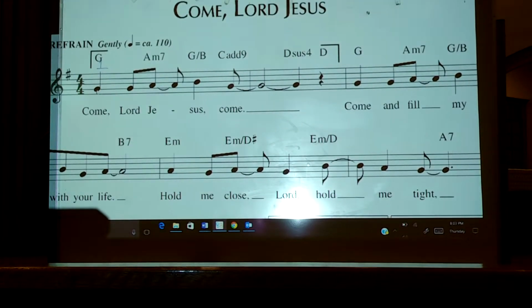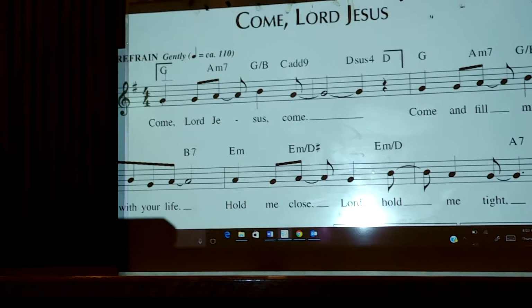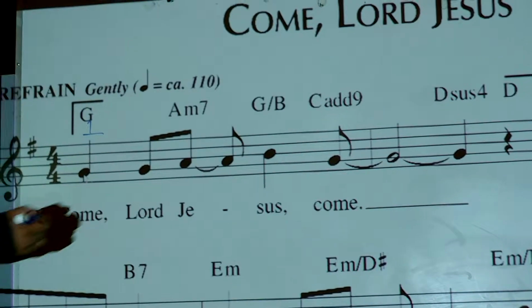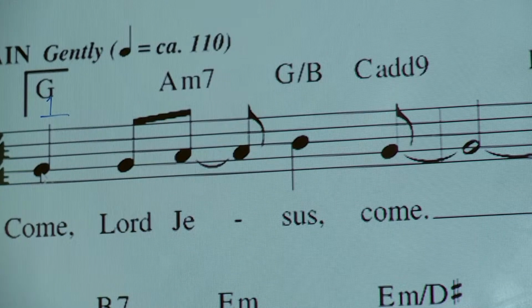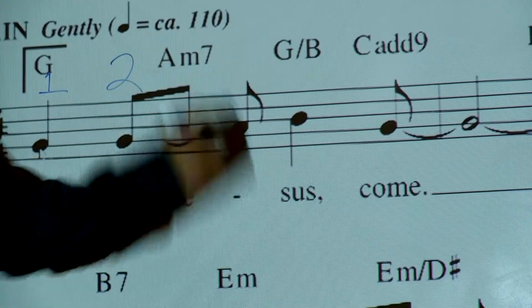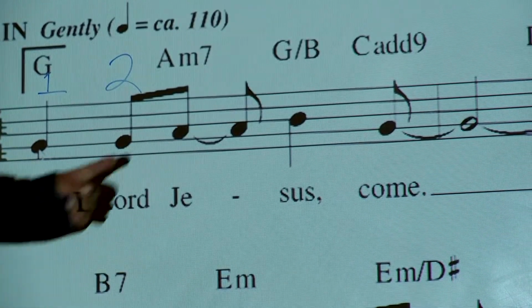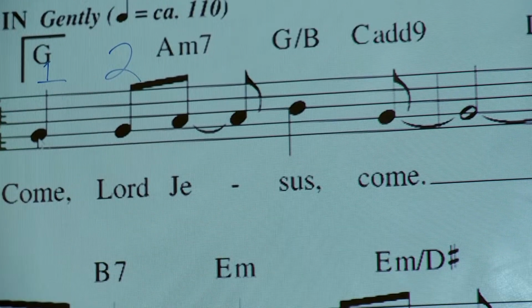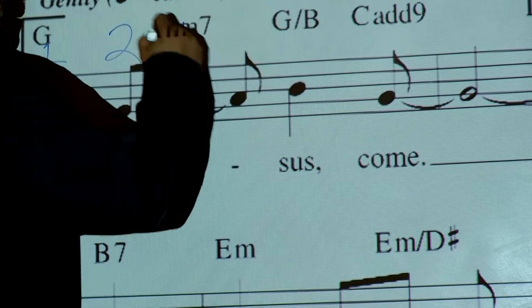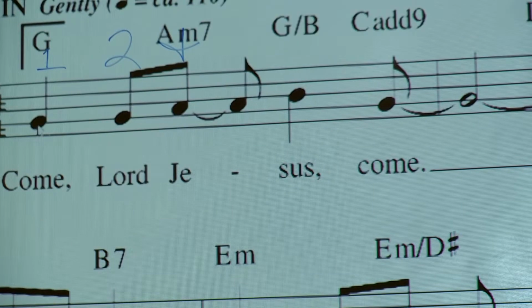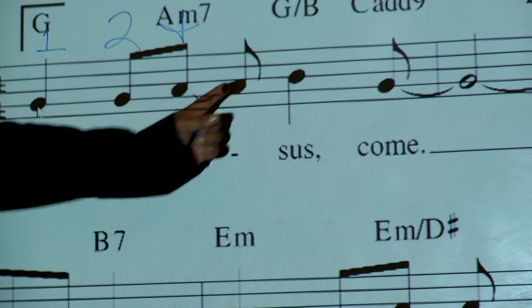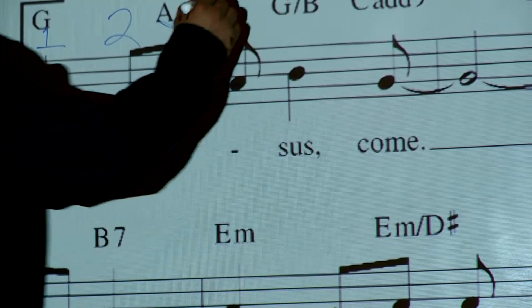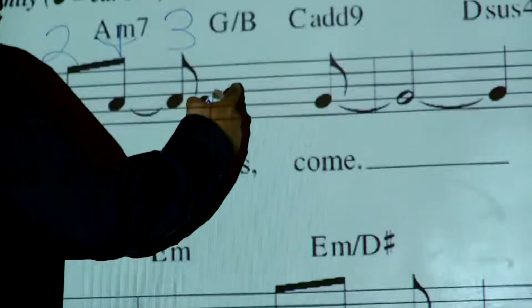That note right there is on beat 1, right? This is the first one. This note right here is what? Beat number 2. Okay. This note? The and of the 2. Okay? This note? 3. This note?